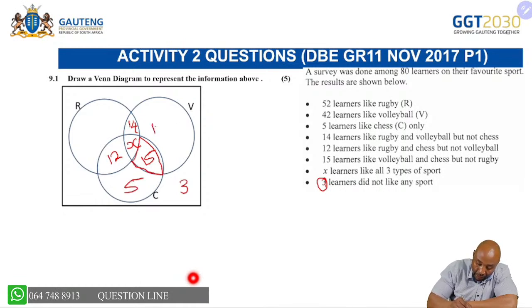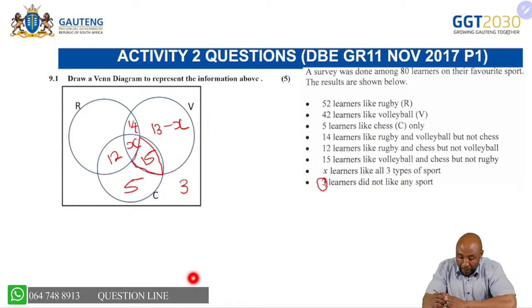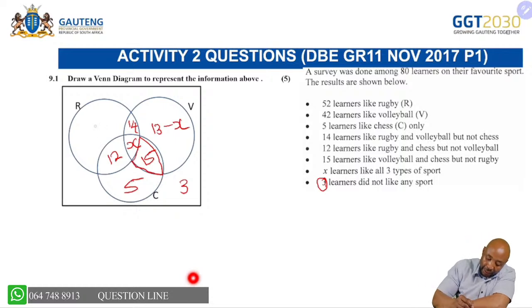So it will give me 13 minus X. 52 learners like rugby, so it is 52 minus 14 minus X minus 12. It will give me the number that like rugby only, and that should be 52 minus 14 minus 12. That gives me 26 minus X.